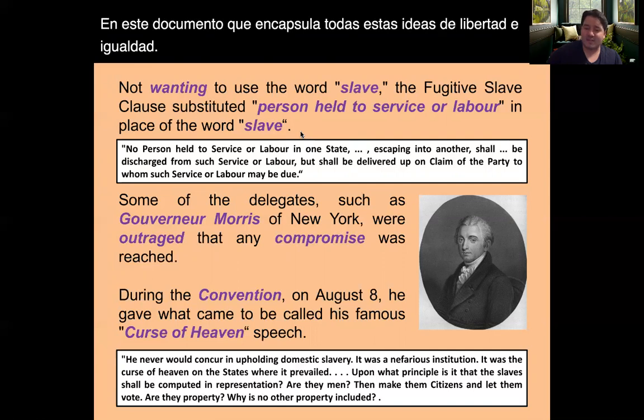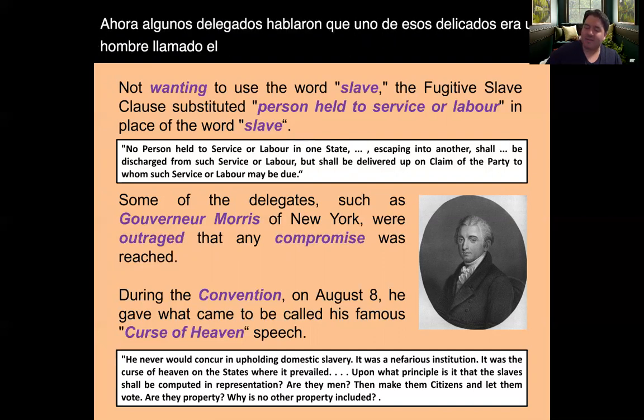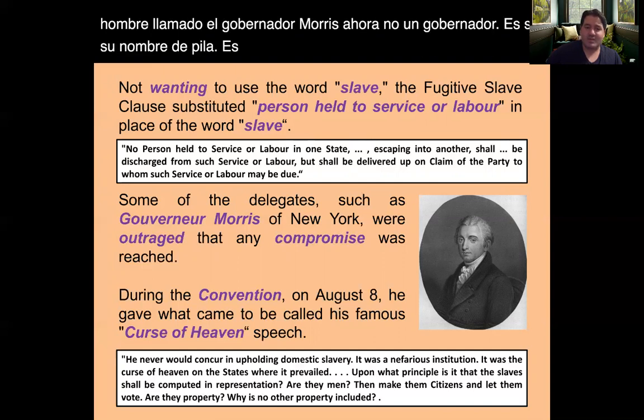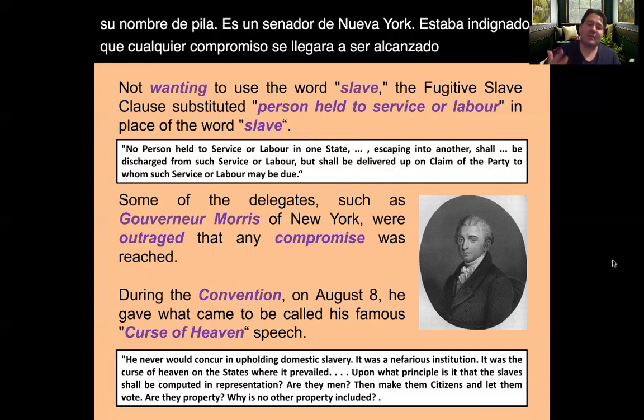Now, some delegates did speak out. One such delegate was a man by the name of Governor Morris. No, not a governor himself. That's just his first name. He's a senator from New York. He was outraged that any compromise would be reached at all, the idea that this was even a topic of conversation.